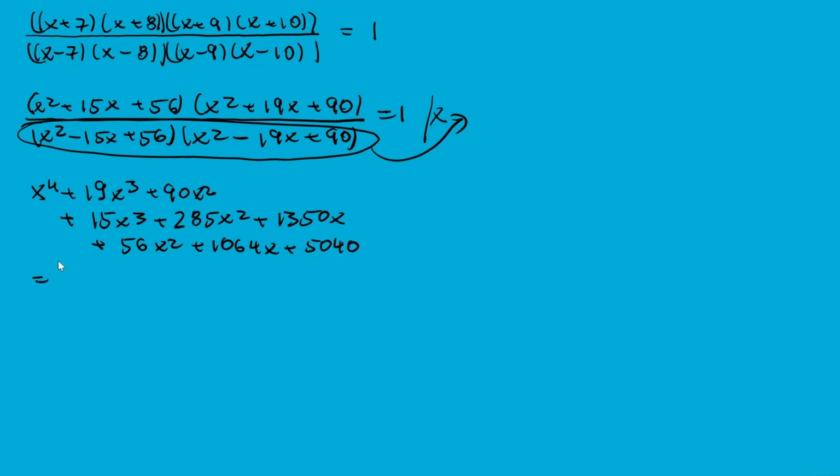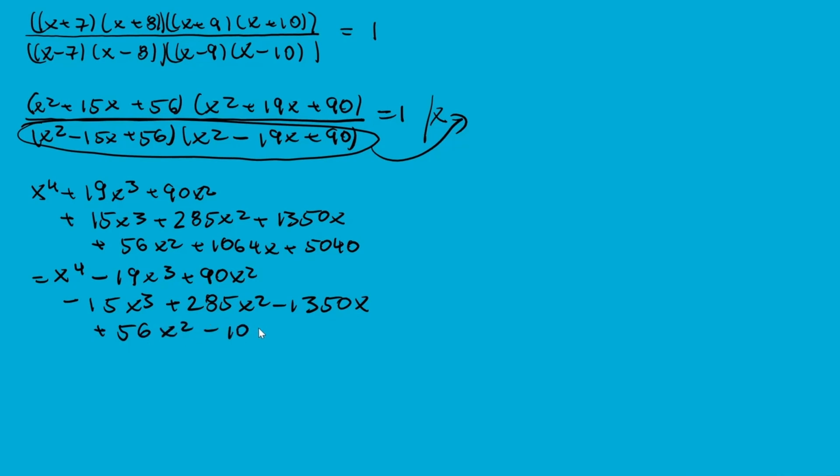And on the right-hand side of the equation, we have something similar, namely x to the power of 4, this time minus 19x to the power of 3, plus 90x squared, minus 15x to the power of 3, plus 285x squared, minus 1350x, plus 56x squared minus 1064x plus 5040.